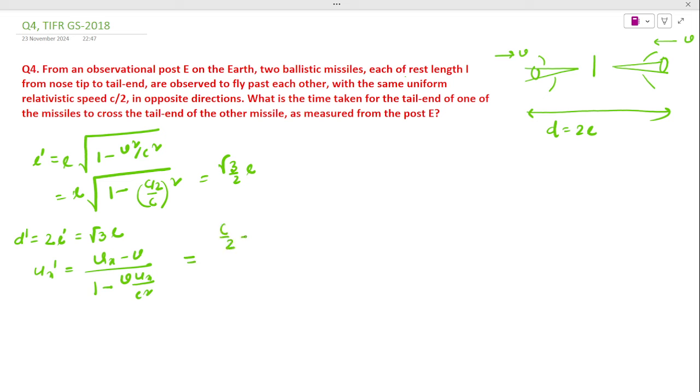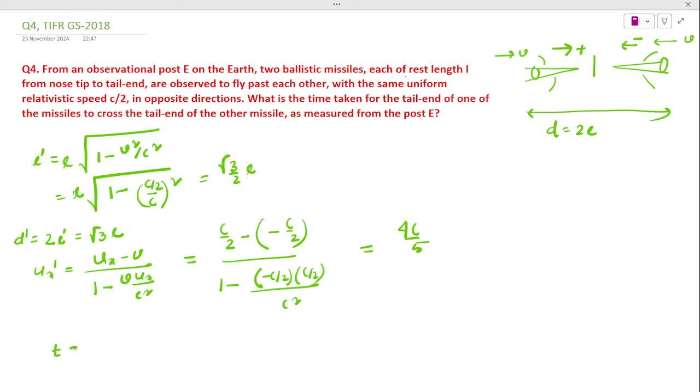So c by 2 minus (minus c by 2); here we choose the negative sign because one is in the positive direction and the other is negative, and 1 minus ... c by 2 into c by 2 by c square, and that gives 4c by 5.